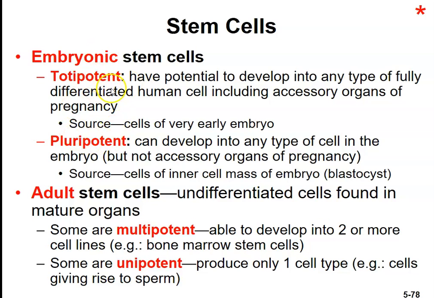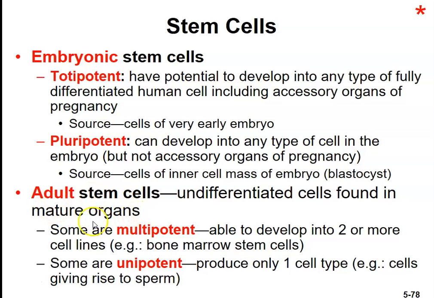There are two types of embryonic stem cell. One is the totipotent. This type of cell can form any type of fully differentiated human cell, including accessory organs of pregnancy. Pluripotent can develop into any type of cell in the embryo, but not accessory organs of pregnancy. So there's a limitation here.